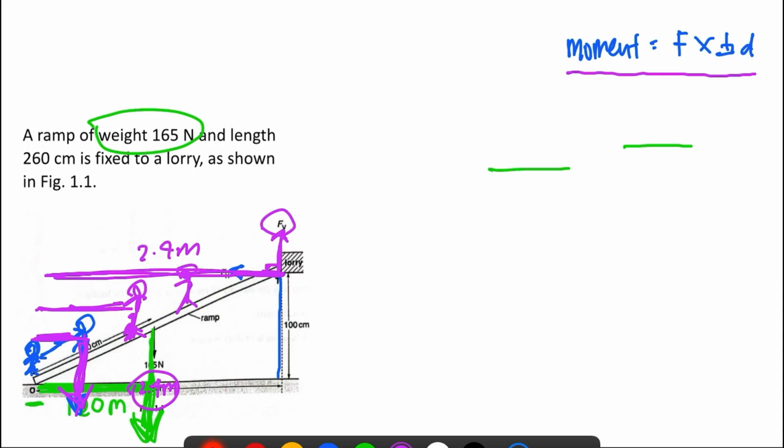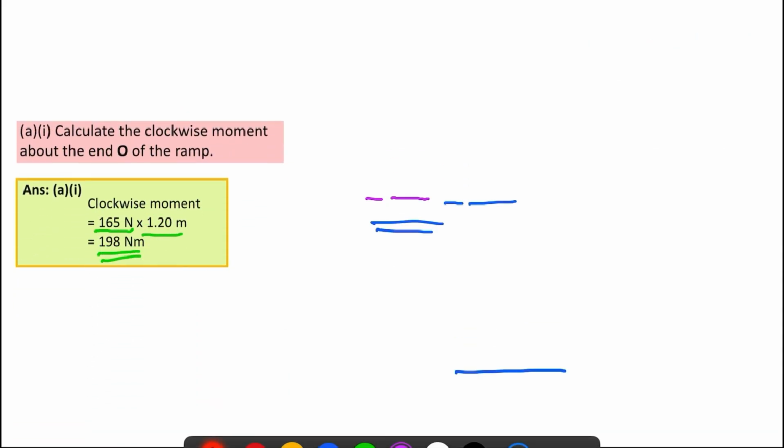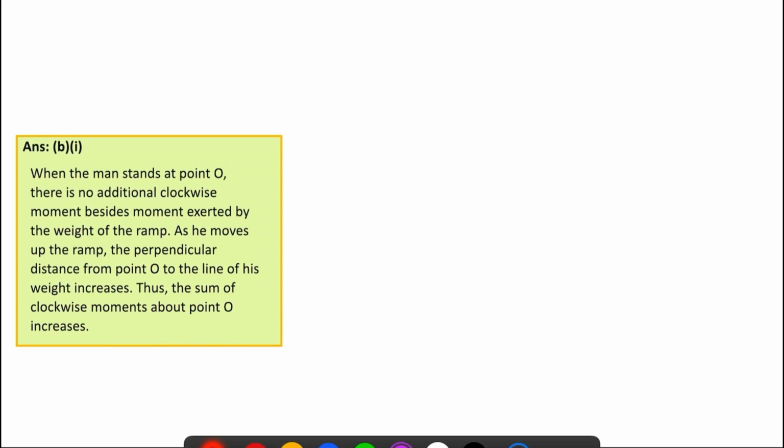The weight of the man remains the same as he walks up, but the perpendicular distance increases. That's why the clockwise moment also increases. So as the man stands at point O, there is no additional moment because there is no perpendicular distance. But as he moves upward, the perpendicular distance increases, hence the sum of clockwise moments also increases. Force times perpendicular distance.